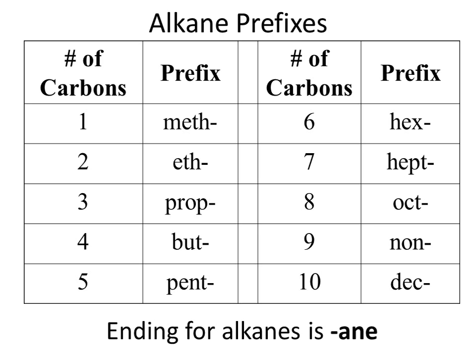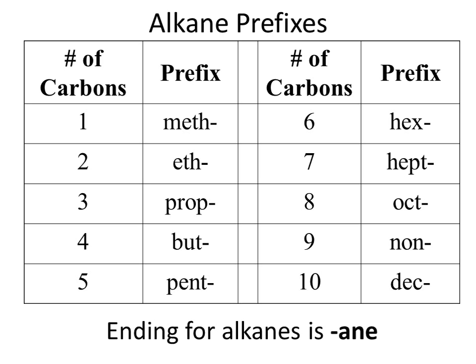Now as far as these prefixes go, from 5 on up, they're the same as the prefixes that we used when naming molecular compounds: pent, hex, hept, oct, non, and dec. The first 4 are different from what we usually think of for prefixes indicating those numbers, things like mono, di or bi, tri, tetra or quad for 4.